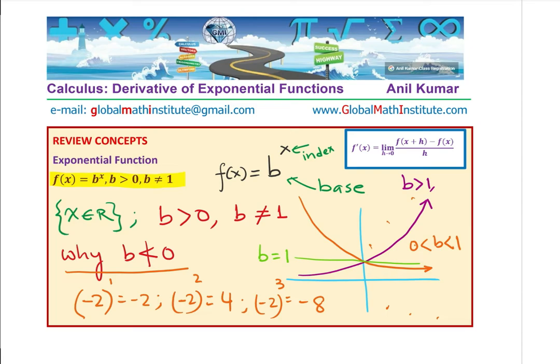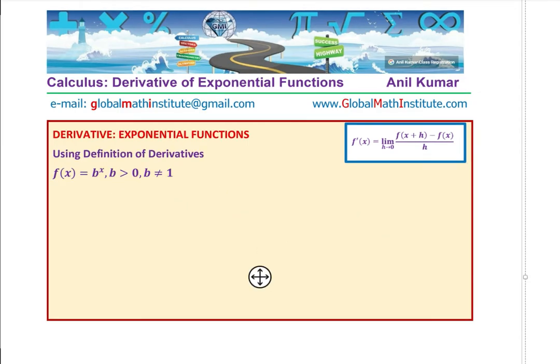Perfect. Now with that in mind, let's focus on the derivative, which is the main objective. Now we'll find derivative of the function f of x equals b to the power of x, where you know that b is greater than 0 and it's not equal to 1. x belongs to real numbers, of course.